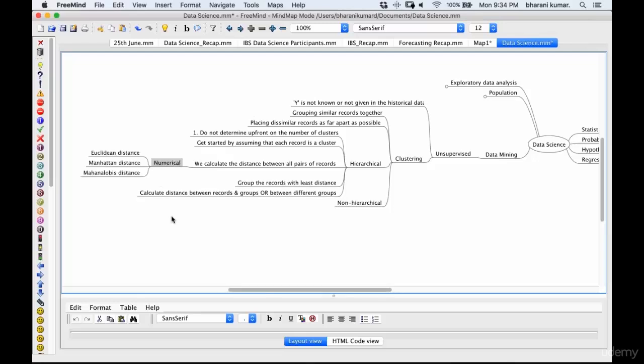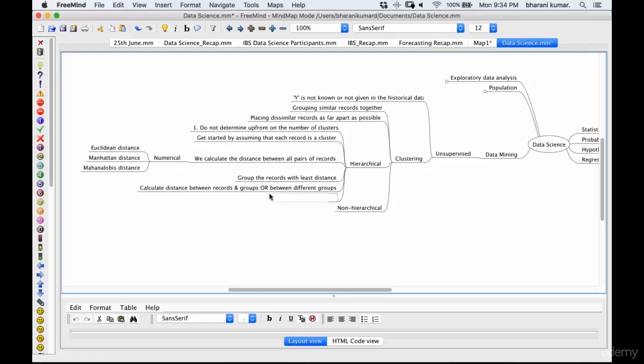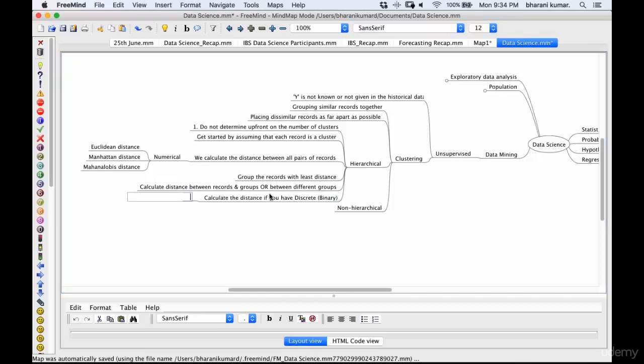But what if you want to calculate the distance if you have discrete or categorical data which is binary in nature? Then you need to convert that binary data, for example male female, male equal to 1, female equal to 0, pass fail, defective not defective, default on the loan, will not default on the loan.